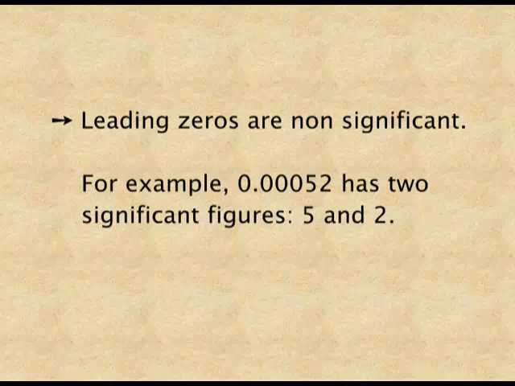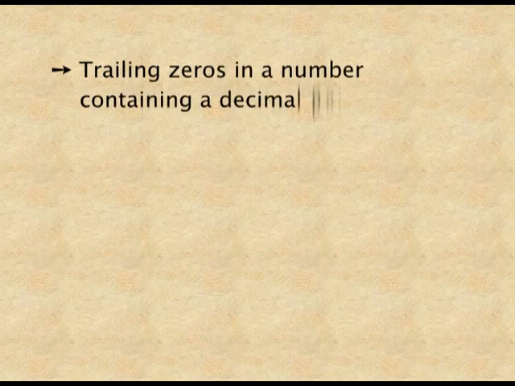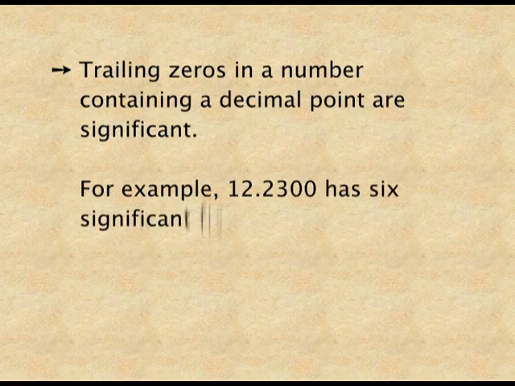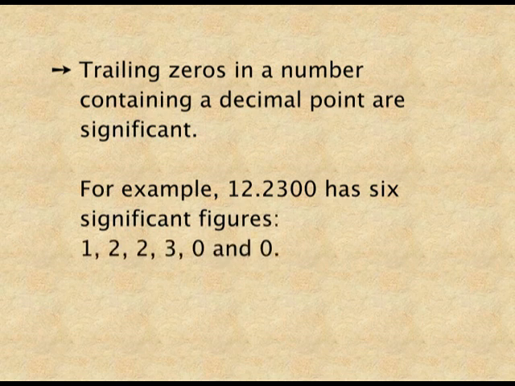Next rule. Trailing zeros in a number containing a decimal point are significant. That is, all those zeros which are after the decimal are significant. Let's see an example. 12.2300 has 6 significant figures. Here, the 2 zeros are after the decimal, so they are also significant.